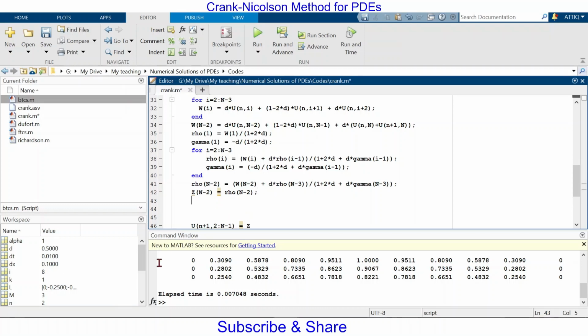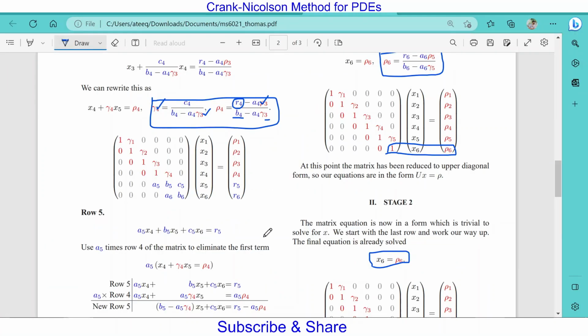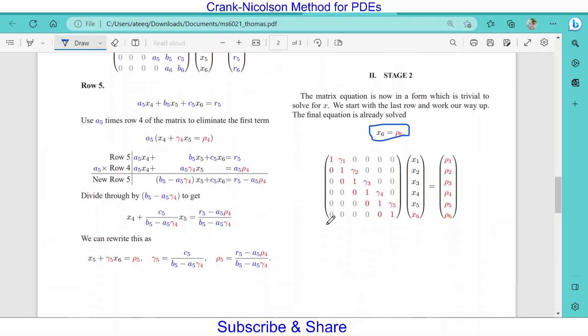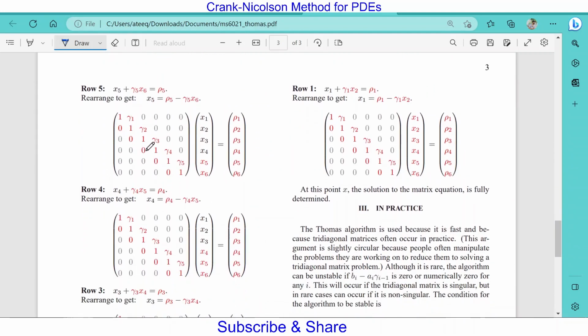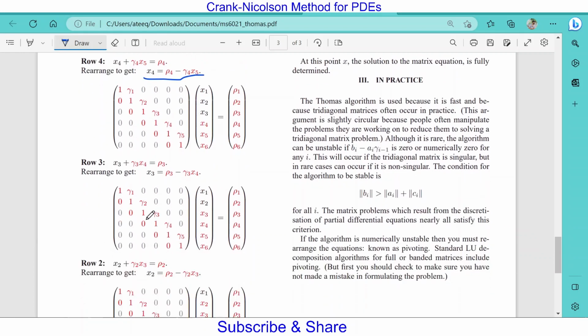But for all the other values, there will be again like back substitution, and there will be a pattern here, and this is the pattern: if this is the x fifth value, row fifth minus gamma fifth x6. This is x4, row 4, gamma 4 x5, x3, row 3 minus gamma 3 x4.